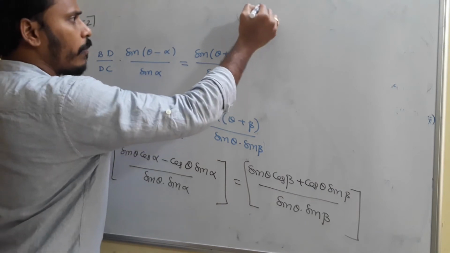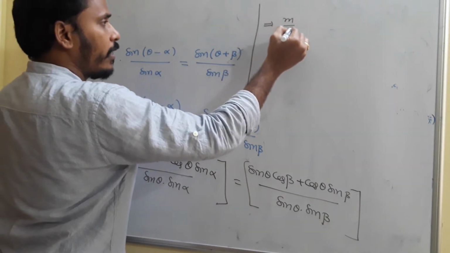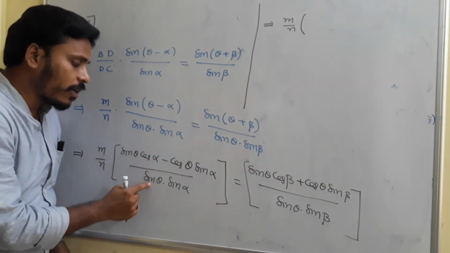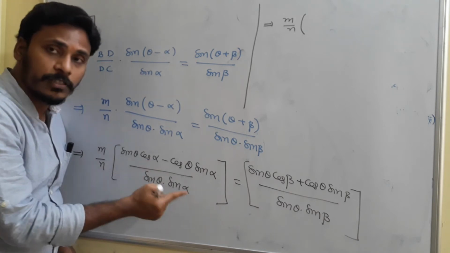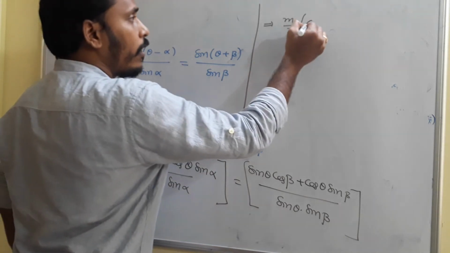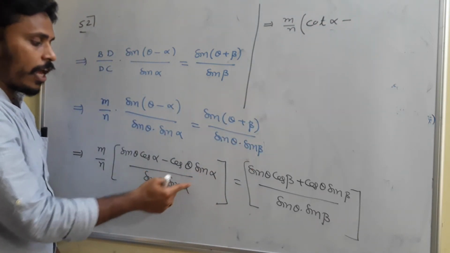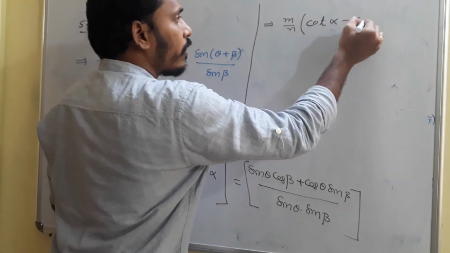And now in the next step what will happen? So this implies M by N into, here in this bracket if you look, sin theta cos alpha by sin theta sin alpha, sin theta will get cancelled, you are left with simply cot alpha minus, here sin alpha will get cancelled, cos by sin is simply cot theta.